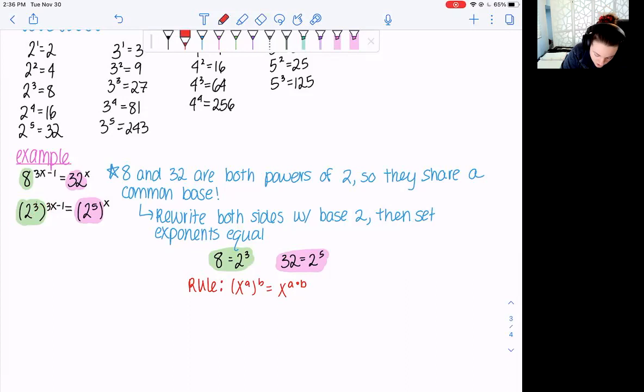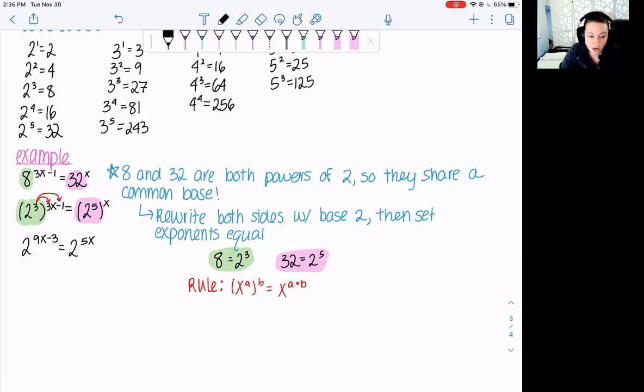So we need to distribute this 3 because we are multiplying the exponents together. You end up with 2 raised to the 9x minus 3. And then here you're multiplying 5 and x together, which gives you 5x. So 2 raised to the 9x minus 3 is equal to 2 raised to the 5x.